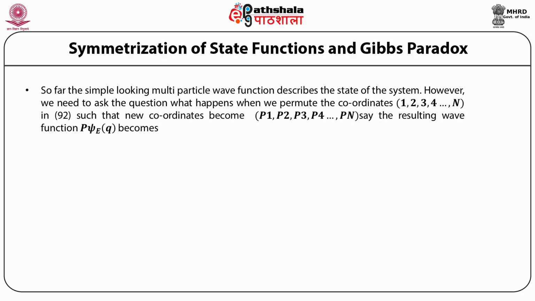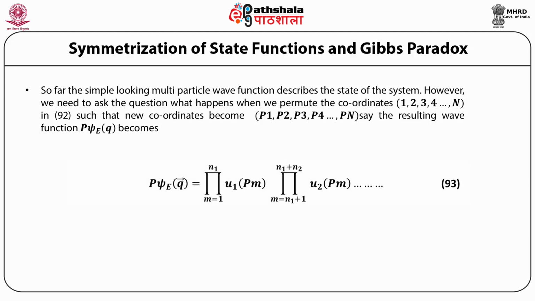Say the resulting wave function P psi_E becomes the product from m equal to 1 to n1 of u_1(pm) and so on, multiplied by the product from m equal to n1 plus 1 up to n1 plus n2 of u_2(pm) and so on.